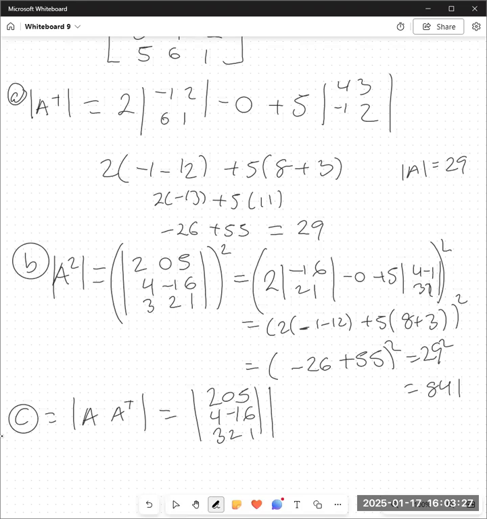When I have the determinant of A times B, it's the determinant of A times the determinant of B, and we already did this where we transposed it and it didn't make any difference in the determinant. So that is equal to 29 squared, which is also 841.